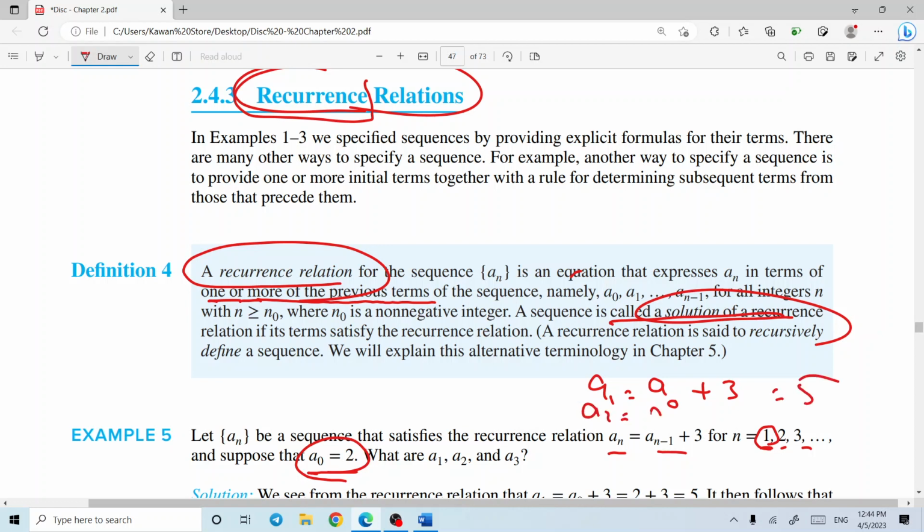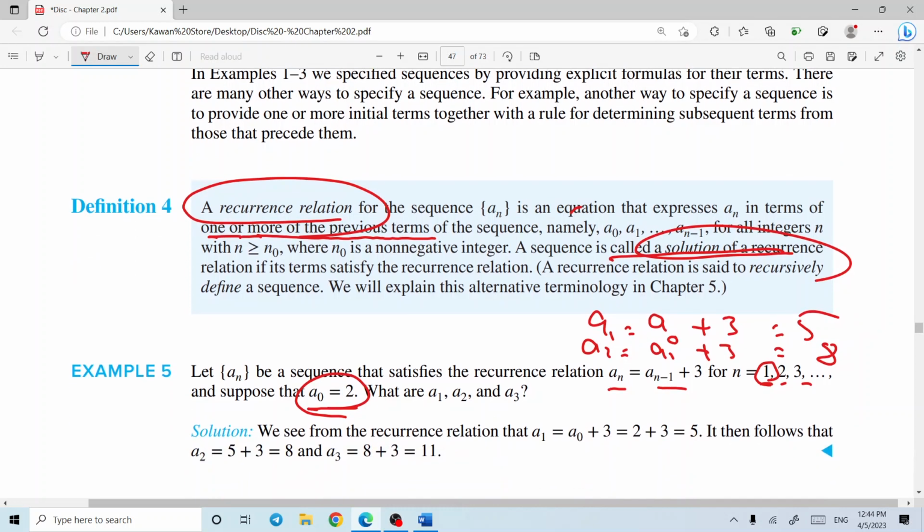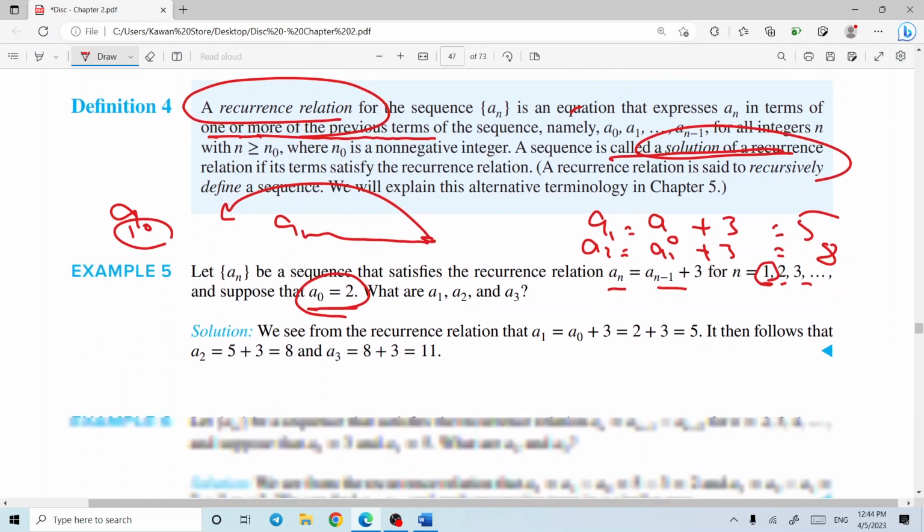A2 equals A1 plus 3, so I get 8. And that's it. So each term depends on the previous one: A2 depends on A1, A1 on A0, like that. Understood? Easy? For example, if I say find A10, you should find A9, then add 3.